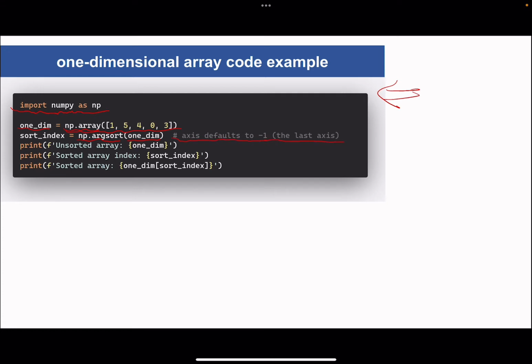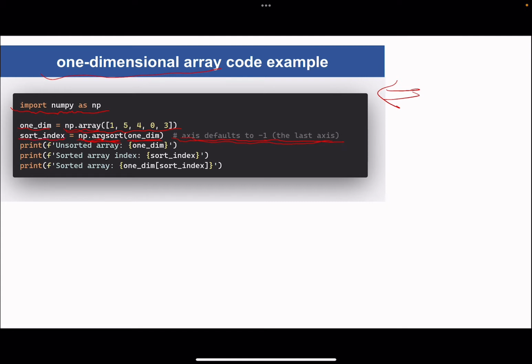Since we are only talking about a one-dimensional array here, it has only one axis, so this comment doesn't really matter in this case. After running this function, we will have a sorted index that will sort this input array in ascending order, and we store it in the sort index variable.